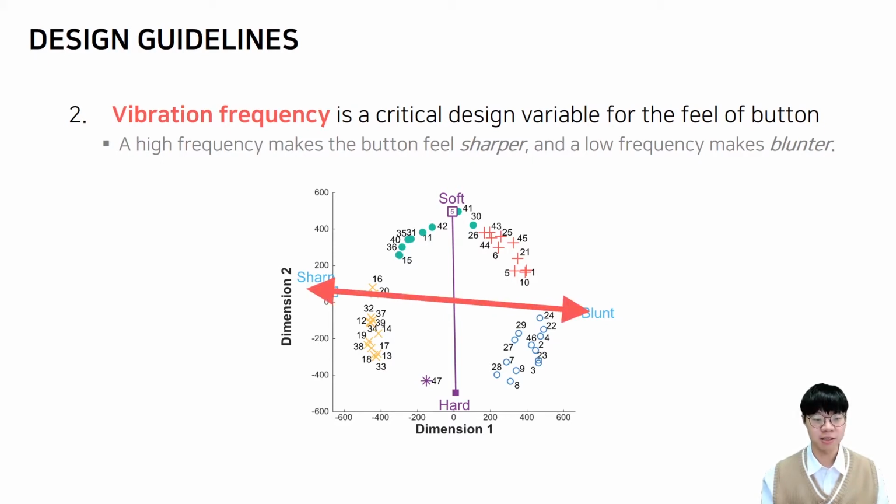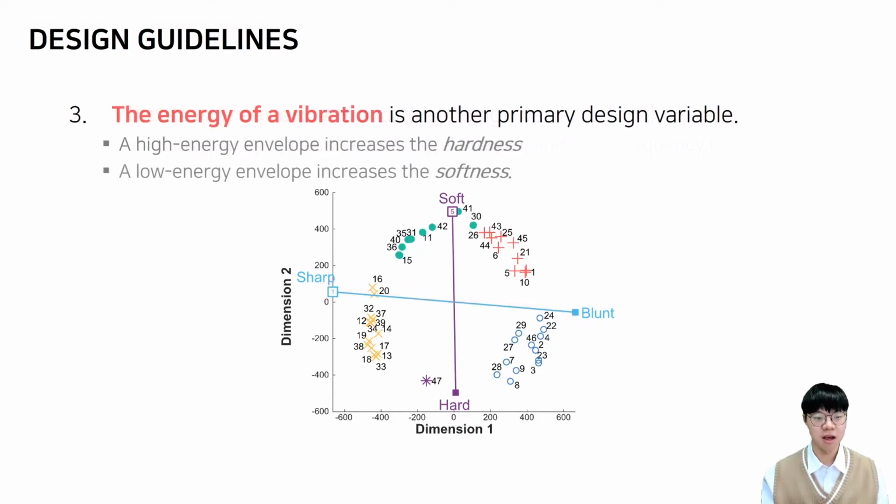Using a high frequency makes the button feel sharper, and a low frequency makes it blunter. Third, the energy of the vibration determined by envelope shape and duration is another primary design variable. Augmentation with high energy envelope increases the hardness, while a low energy envelope increases the softness.